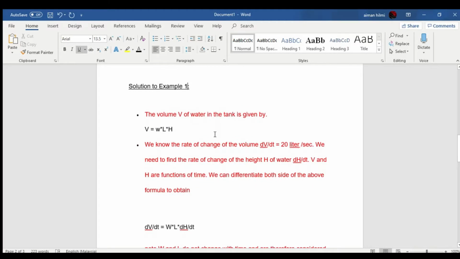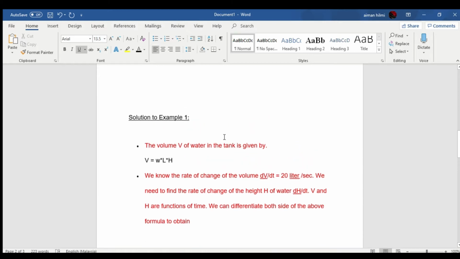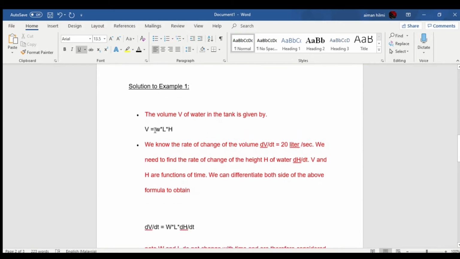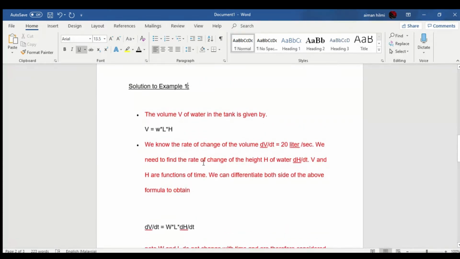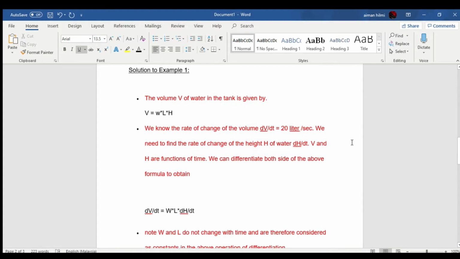First of all, for the volume of the water tank, we can determine the equation V equal to width times length times height. So we know the rate of change of the volume is dV over dt equal to 20 liters per second, as you can see in the question above.